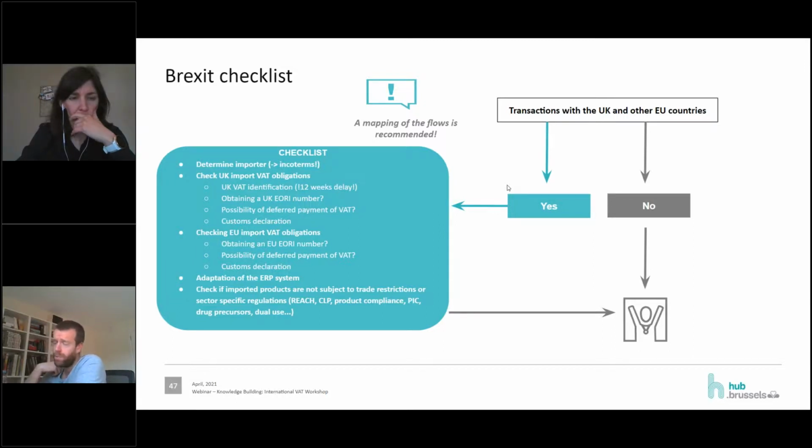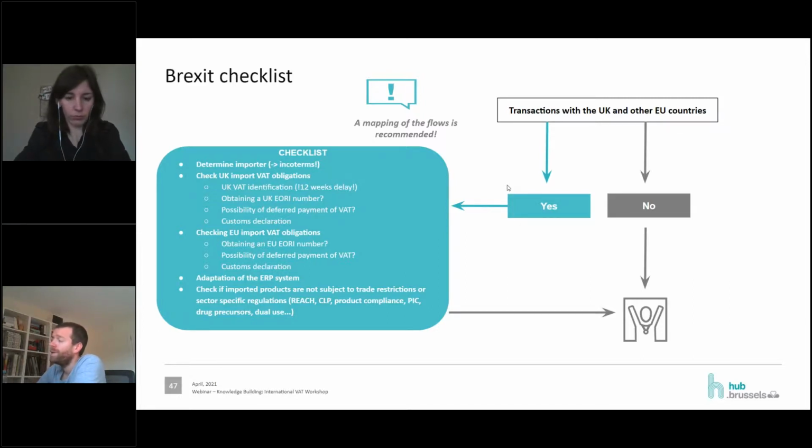So it's really important that you are aware of it, because a number of formalities on top of paying the tax should be performed, in the sense of submitting an import declaration and so on. So the first step is really to determine who is the importer. Either it will be you or your supplier or your customer, depending.